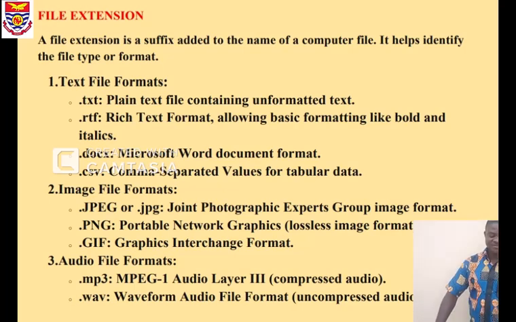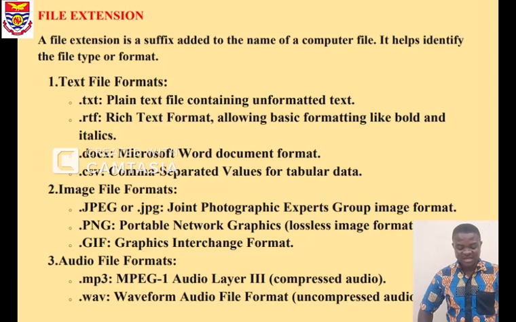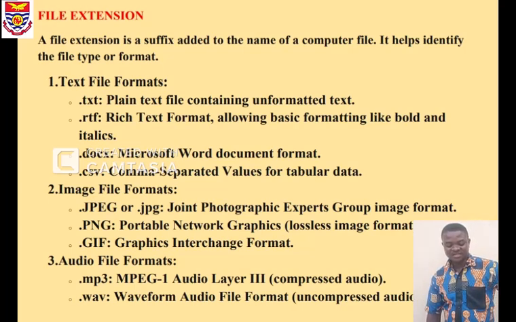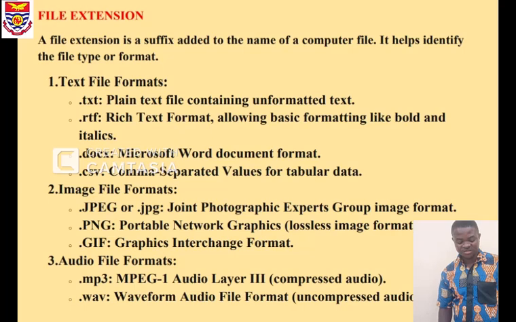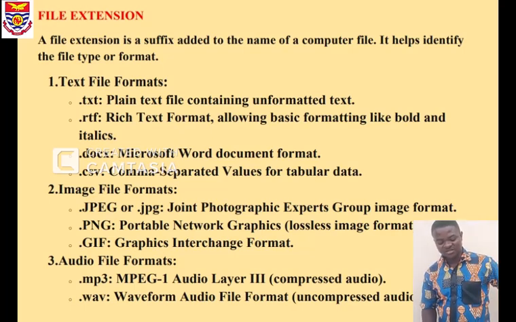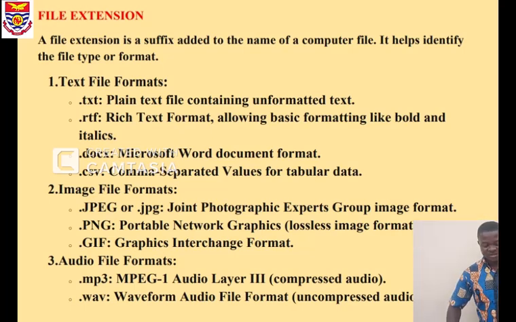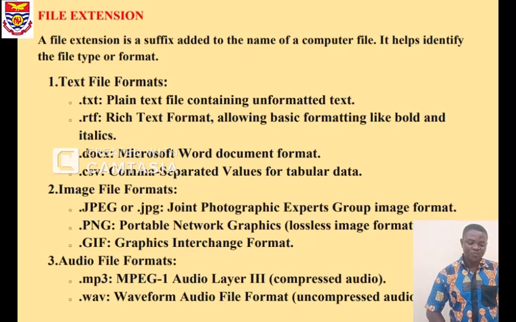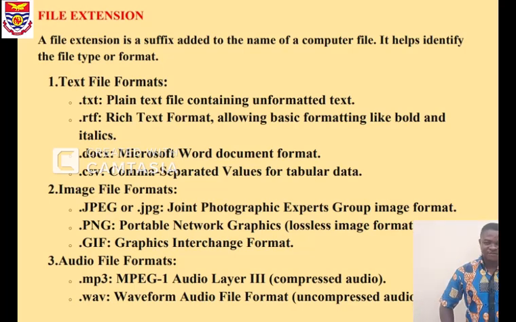The first one is text file format. The text file format has extensions like .txt, .rtf, .docs, and .csv. Another group is image file format, and under image file format we have .jpeg, .png, and .gif as file extensions.